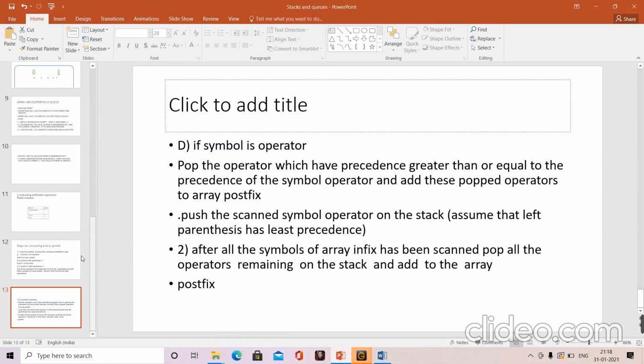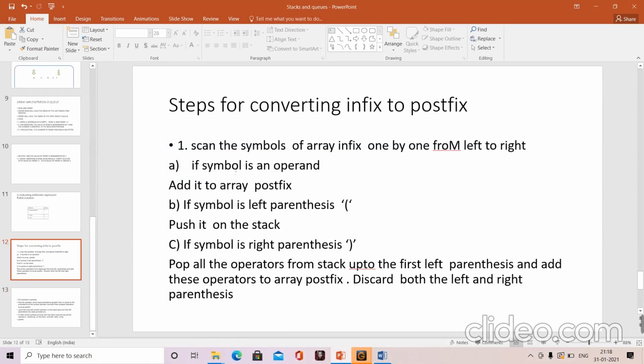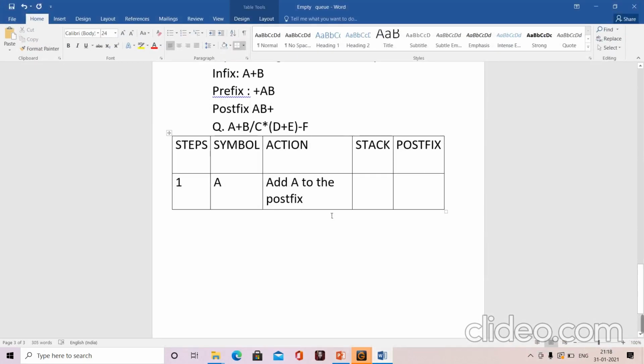Because in rule number 1, if the symbol is an operand, we simply add it to the array postfix. That's why I have written the action as add to postfix. In the very first step the stack will remain empty, and then we just write the symbol A.